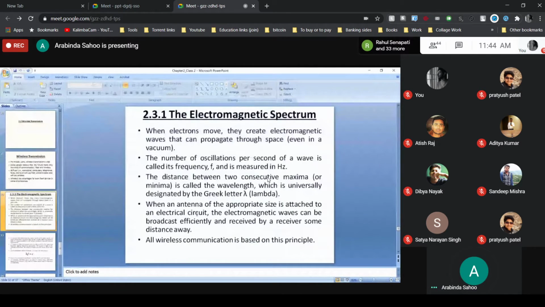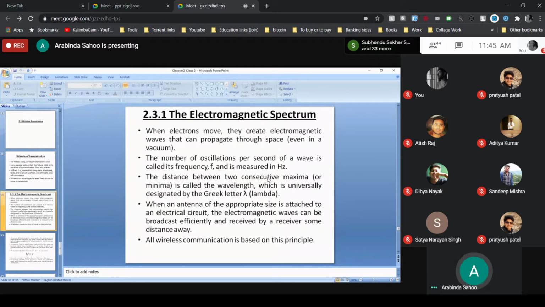If the wavelength of a wave is, suppose, 1 meter, and the antenna length is also 1 meter, then only it can transmit or receive efficiently. Depending upon the wavelength, the antenna is designed. When an antenna of the appropriate size is attached to an electrical circuit, the electromagnetic wave can be broadcast efficiently and received by a receiver some distance away, and all wireless communication is based on this principle.